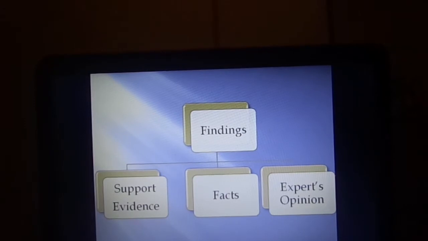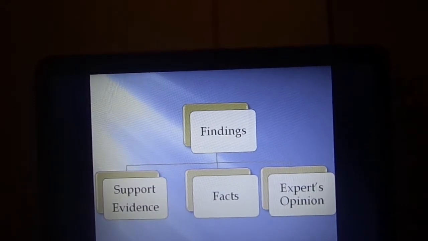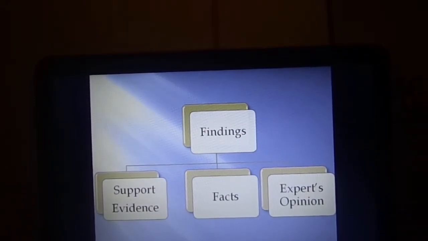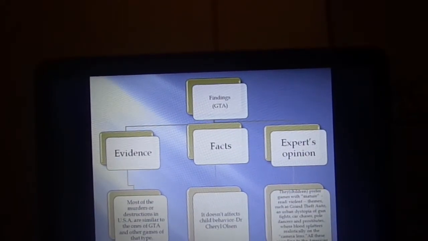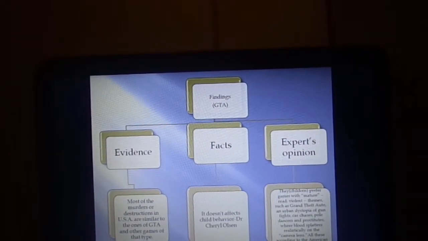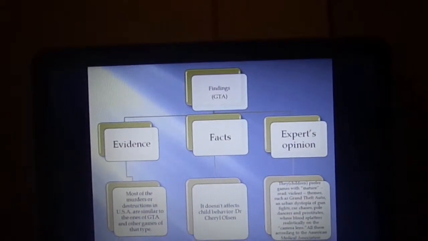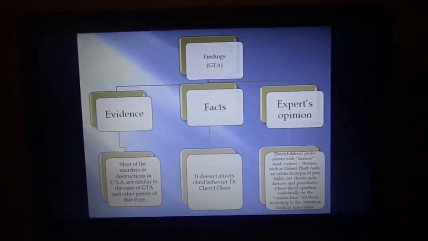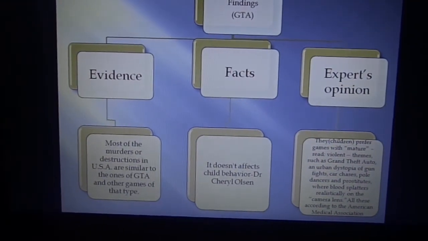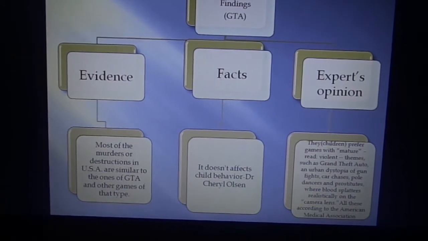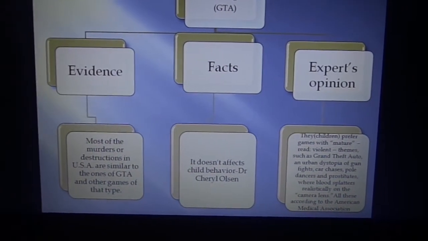In the next tree map, the findings, we put support: evidence, facts, and expert opinion. We fill it in this way. Evidence: most of the murders or restrictions in the United States are similar to the ones of GTA and other games. In the square of facts, we put that it doesn't affect children's behavior, according to Dr. Cheryl Olsen.